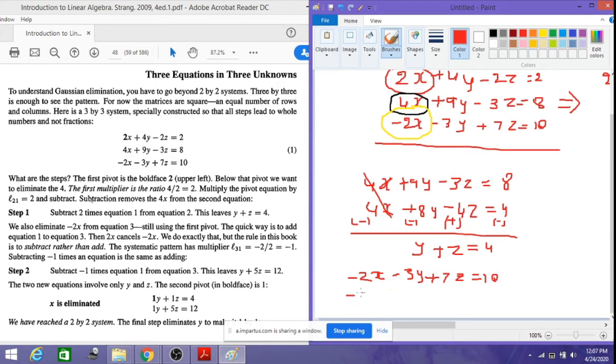So I'll get minus 2x, then minus 4y, then plus 2z equals minus 2. Now I am going to subtract this. No, I'm sorry, I have to multiply this by plus 1 itself, not minus 1. It's my mistake. So let me take this eraser.